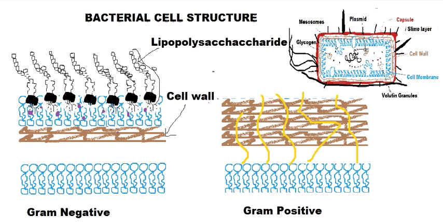In case of the gram positive bacteria, the cell wall is completely permeable, so it passes through here and is trapped over here. Some goes inside the cell also, but most is trapped over here.